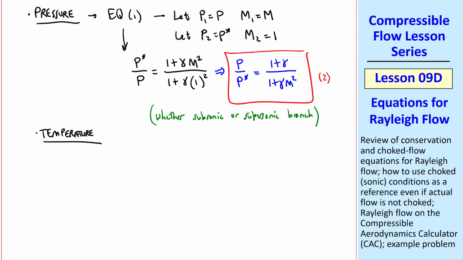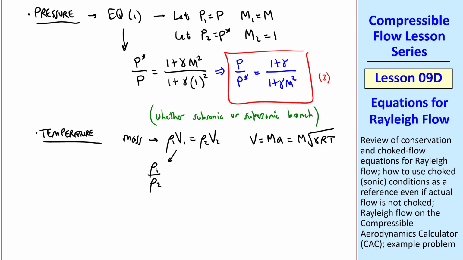Now consider temperature. Our conservation of mass was rho 1 V1 equals rho 2 V2, but again let V equal M a equal M square root of gamma RT for an ideal gas. So rho 1 over rho 2 is V2 over V1, which we'll write as M2 square root of gamma RT2 over M1 square root of gamma RT1.